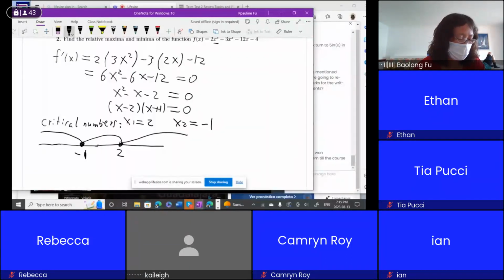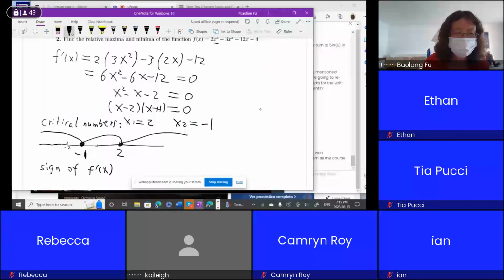Now let's evaluate the sign of the derivative in those 3 intervals. Let's take any number from here. So let's say take negative 2. If you take negative 2, plug negative 2 into f prime.